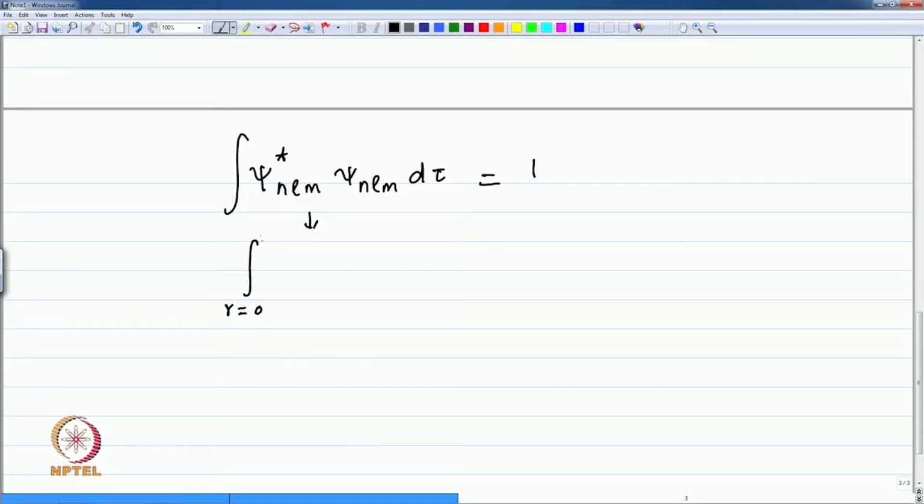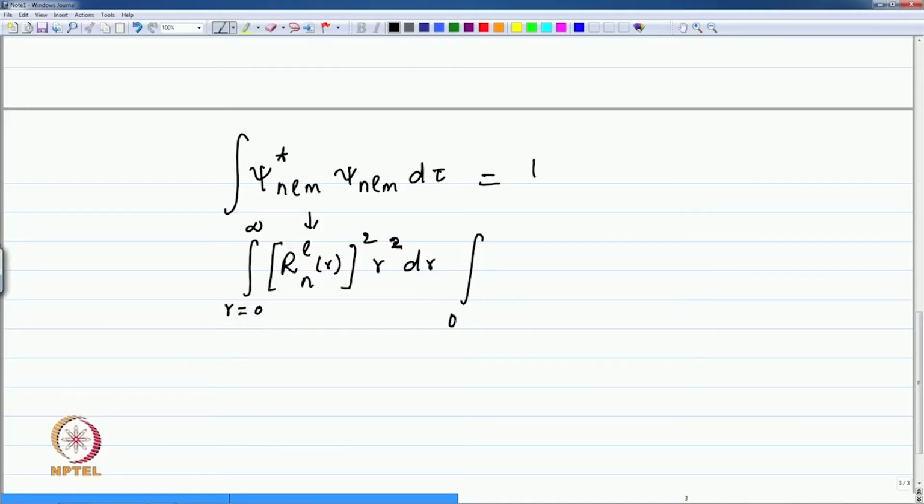r equal to 0 to infinity, the radial function R n l of r squared, because this is real, and r squared dr, which is the radial part for the d tau.